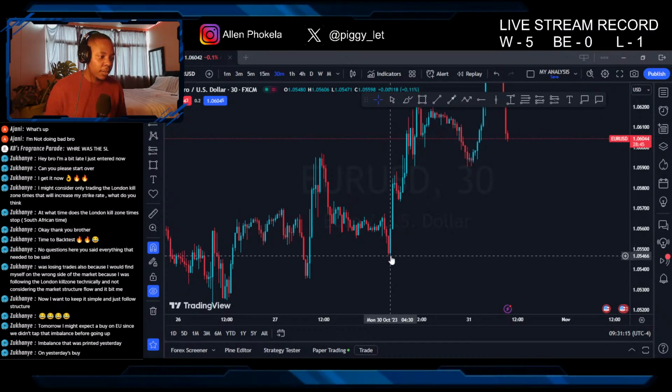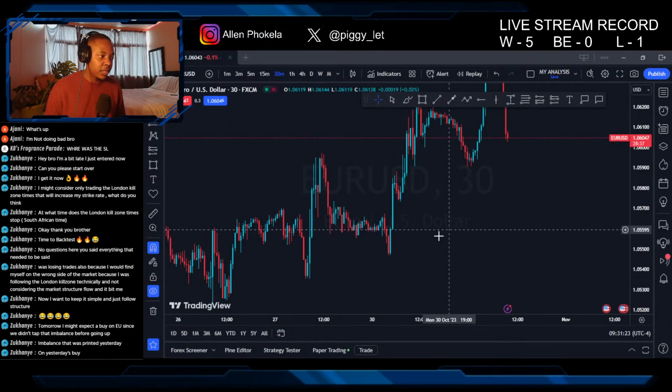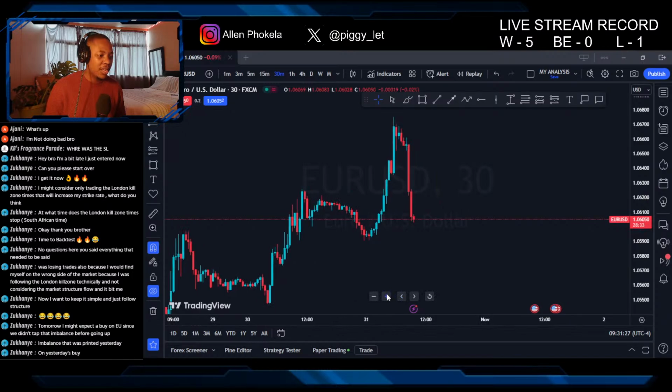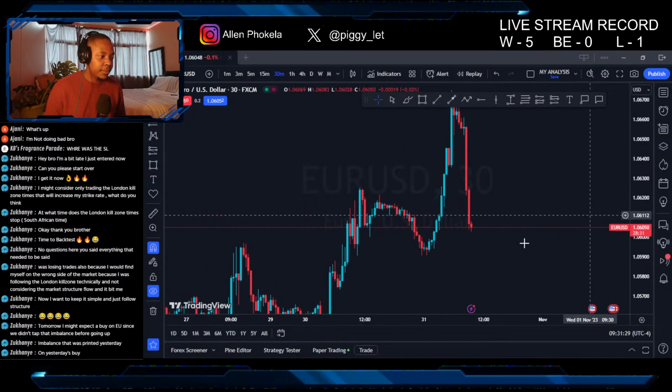If it's like a Monday, 4:30 a.m., just point out the candlestick's date and time.